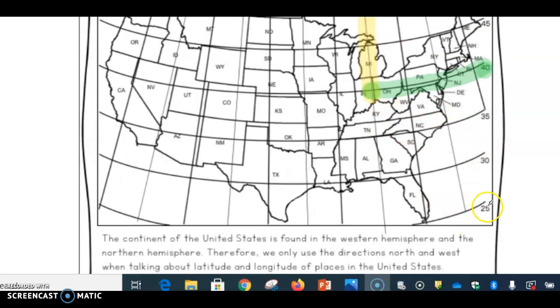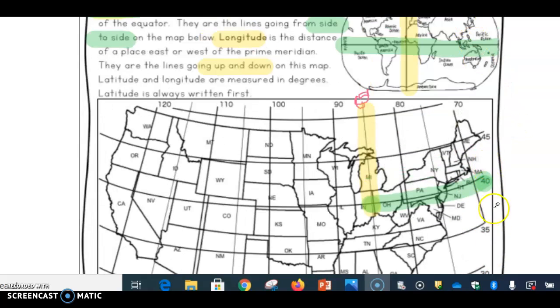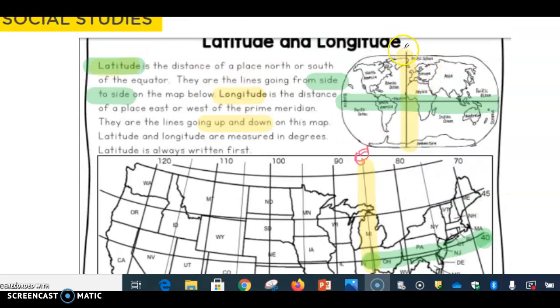I know that it is north because I am going up higher in our latitudinal lines, and I know that it is east because I am going to the right. Remember, it is north, south, east, and west.